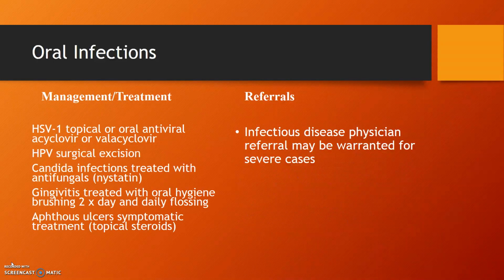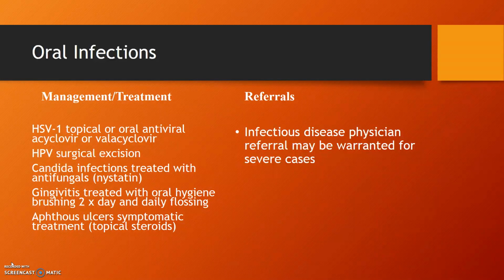So how do we manage oral infections? Well, it depends on the oral infection. For HSV1, we have options of topical or oral antivirals, and you'll see acyclovir and valacyclovir. There are other options, but for the purpose of this lecture, you just look at those antivirals.